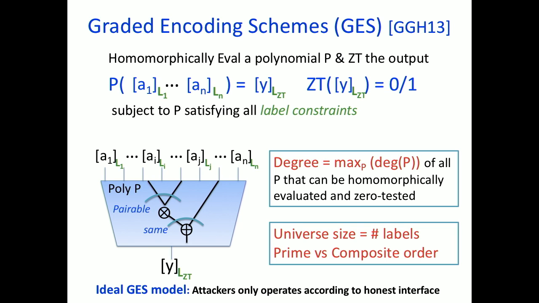And when we talk about ideal graded encodings, what do we mean? We simply mean that there is an oracle in the sky that implements this interface of the graded encoding for us, and that is the only thing that you can do. So it is, in some sense, a much more restricted model. Great.